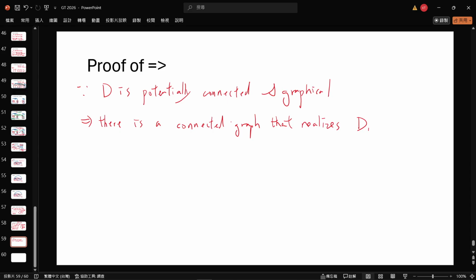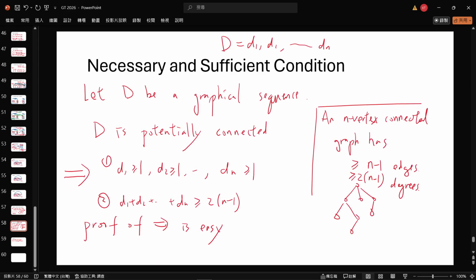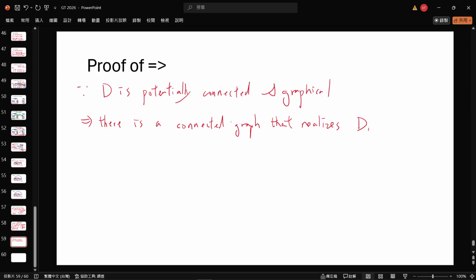So first step, just by the definition and the assumption. The assumption is that D is potentially connected and D is graphical. So this means, first of all, there must be a graph that can realize D because it is graphical. And secondly, because it is potentially connected, we can find a connected graph to do this.